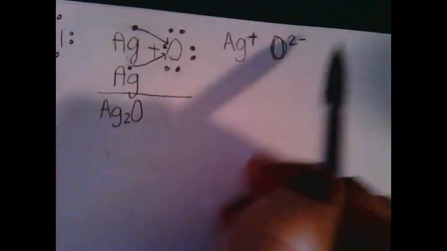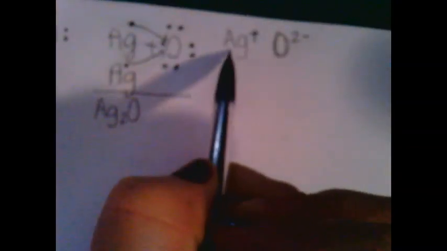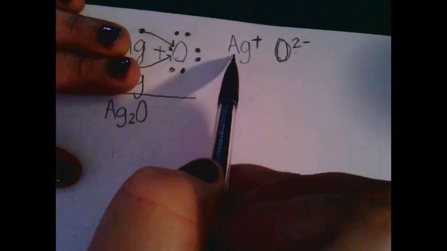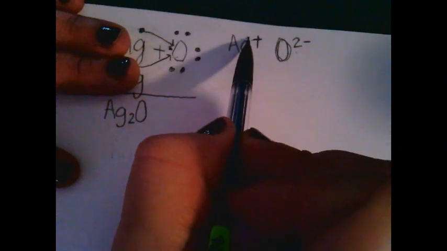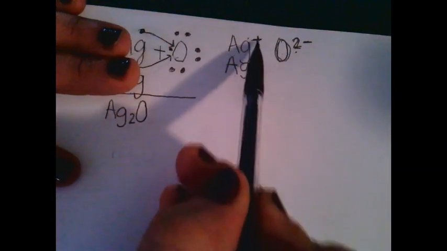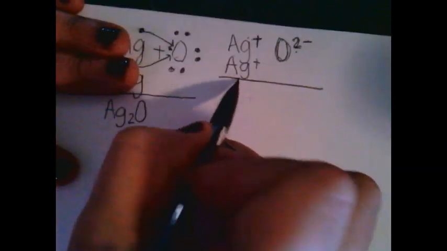Okay, so I'm going to look over here and say, how many more silver atoms do I need in order to get 2 positive? We already have 1 right here, but this is 2 negative, so I need at least 1 more. I'm going to rewrite this. So now I need 1 more silver.